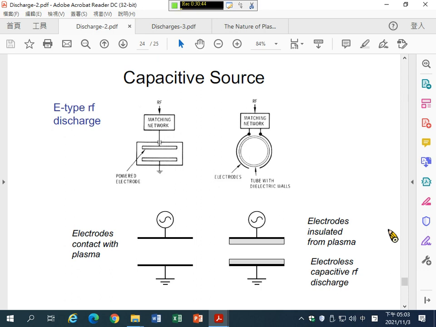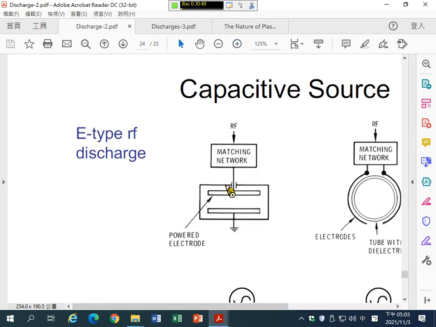So in a diode system, you place two electrodes facing each other, right? So in this case, the top electrode is connected to RF hot through a matching network. The bottom electrode is connected to ground.